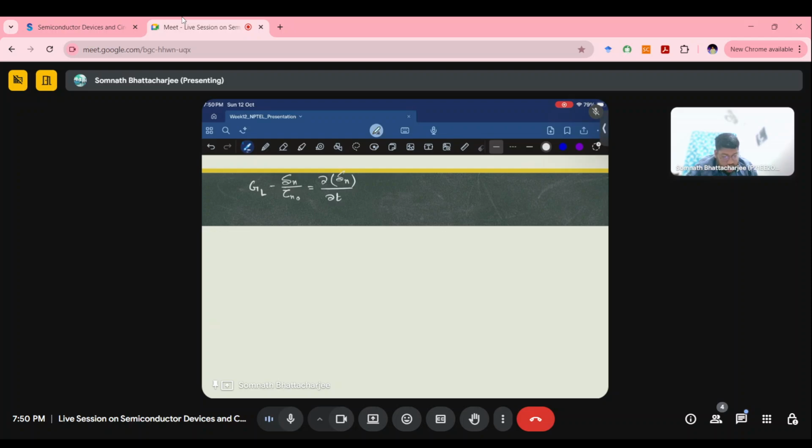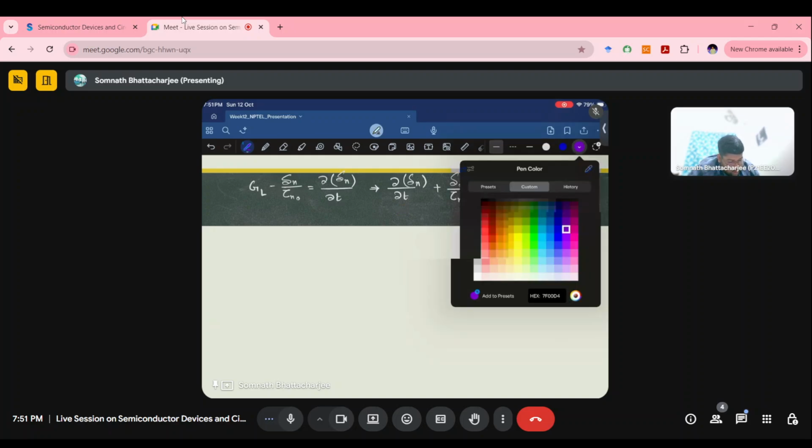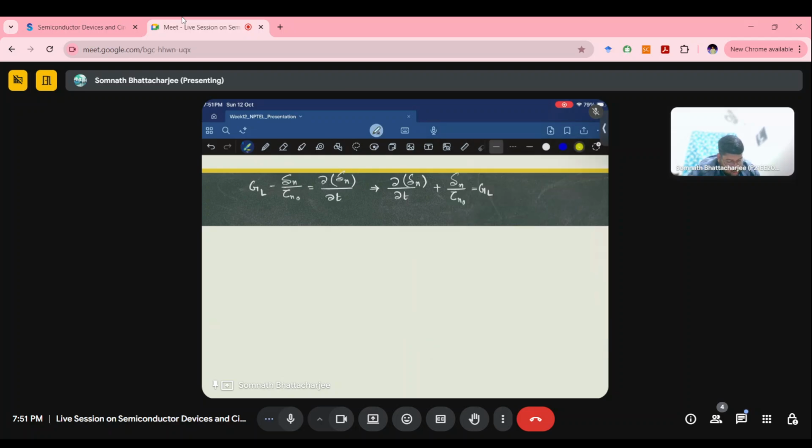Now to solve this, we have to rewrite the equation, right? So this is del by del t of del n plus del n by tau n naught equals GL. So we can write this as well. It is not visible, let's change the color to yellow.